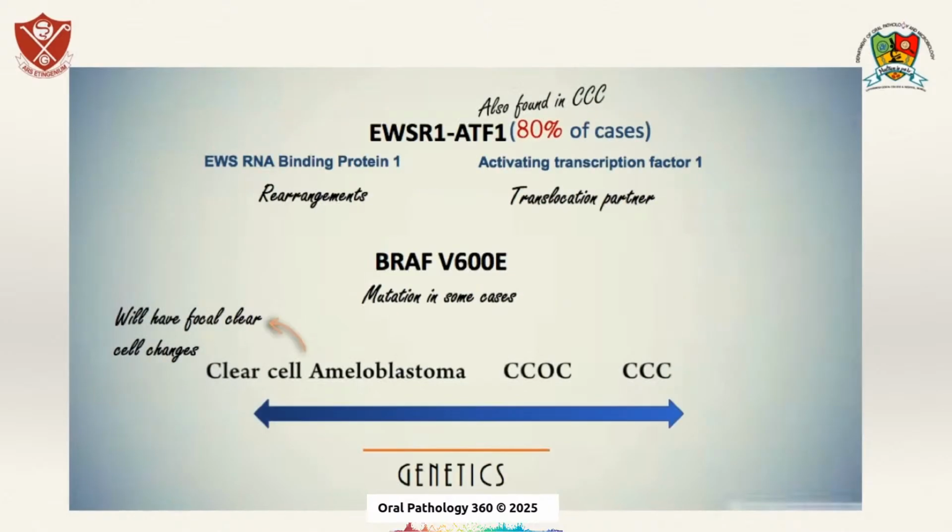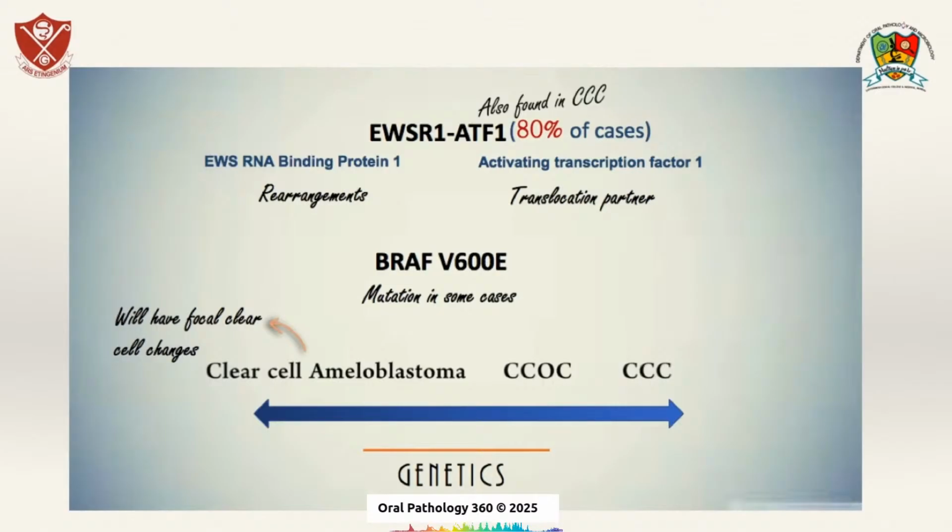Recently, we know that the rearrangement of the EWSR1 gene has been implicated in the pathogenesis of clear cell odontogenic carcinoma, with activating transcription factor 1 as its translocation partner. So this fusion gene is a key molecular marker for CCOC, where we can see that EWSR1 with CREB1 can also be seen in low grade CCOC.